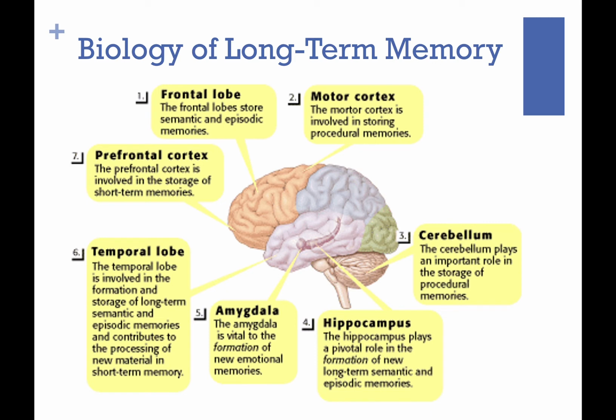So when you look at the biology of this, shifting gears to the limbic system here, this is the biological explanation of how memories happen and why memories happen. You have the frontal lobe, right, which is where people connect experiences of problem solving, thinking, data that they've known before, semantic information, general knowledge.